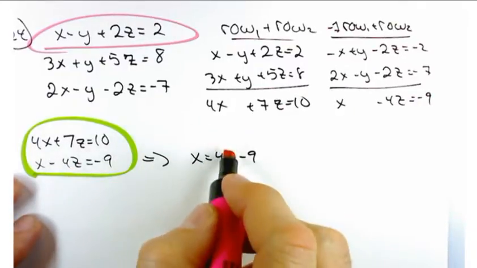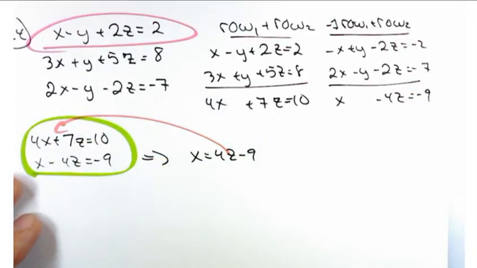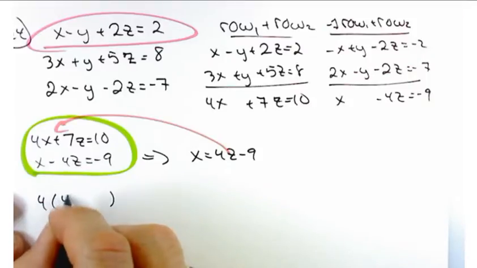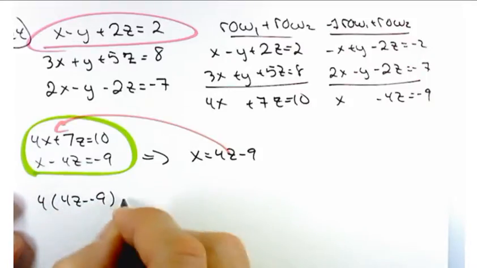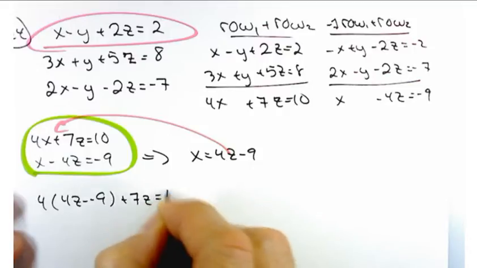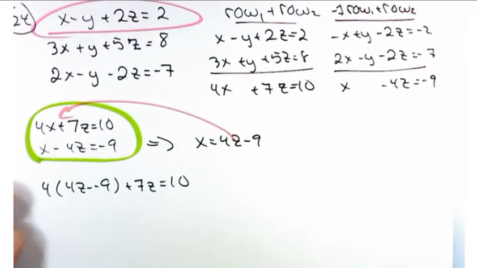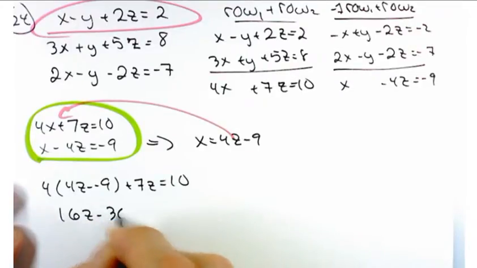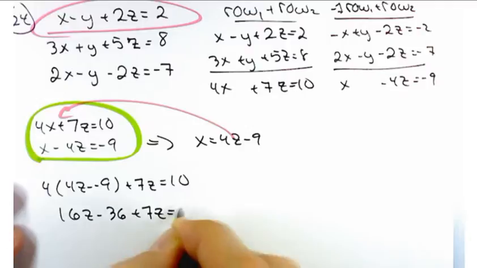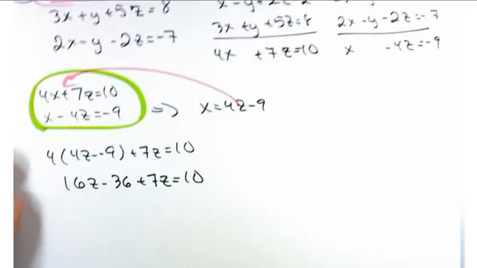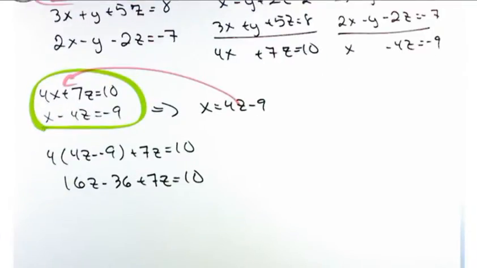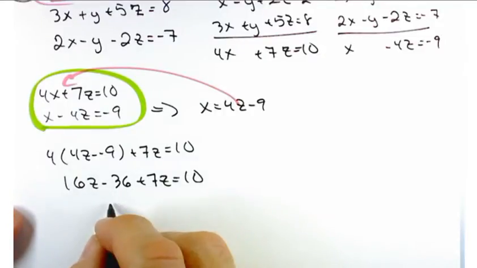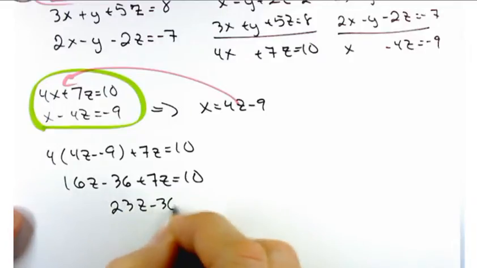And then I'll substitute that into the top equation. That'd be 4 times (4z minus 9) plus 7z equals 10. 16z minus 36 plus 7z, combine like terms. Let's see. 23z minus 36 equals 10.